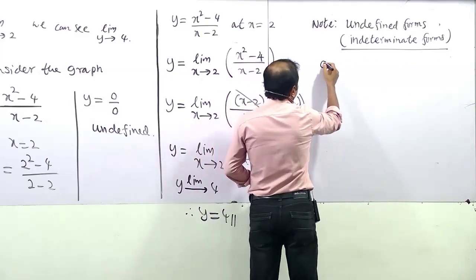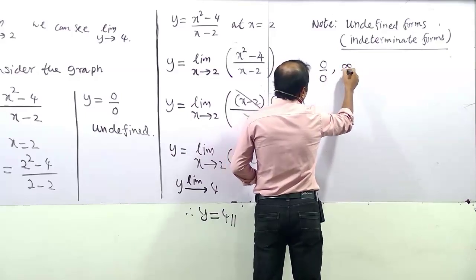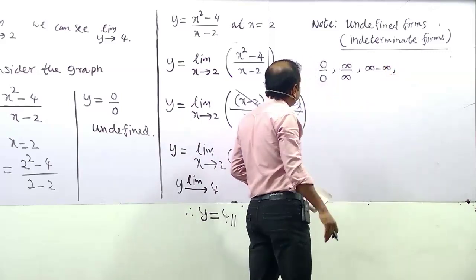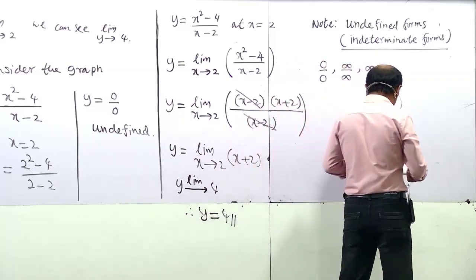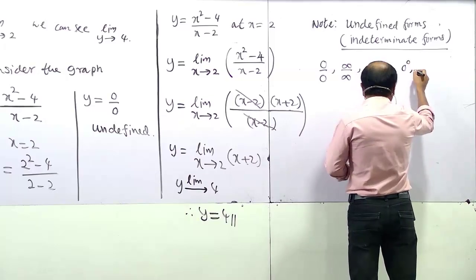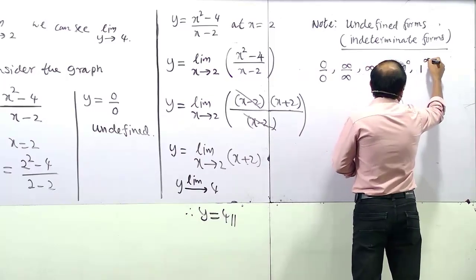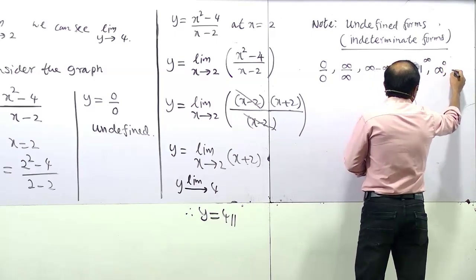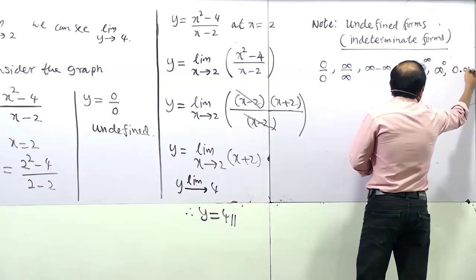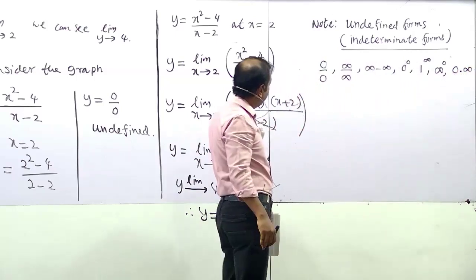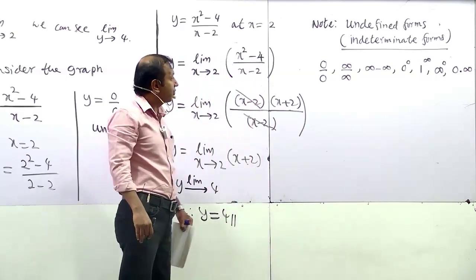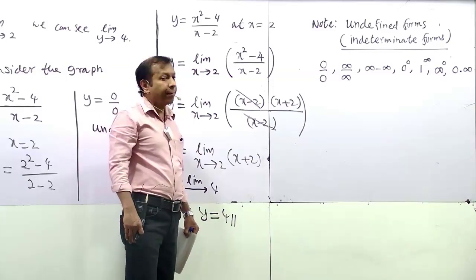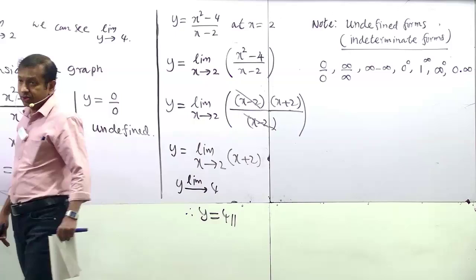First one, like this 0 by 0, infinity by infinity, infinity minus infinity, 0 to the power 0, 1 to the power infinity, infinity to the power 0, 0 multiplied by infinity. There are 7 forms. 1, 2, 3, 4, 5, 6, 7. If you get one of these answers, that is called indeterminate forms. You must use limit.